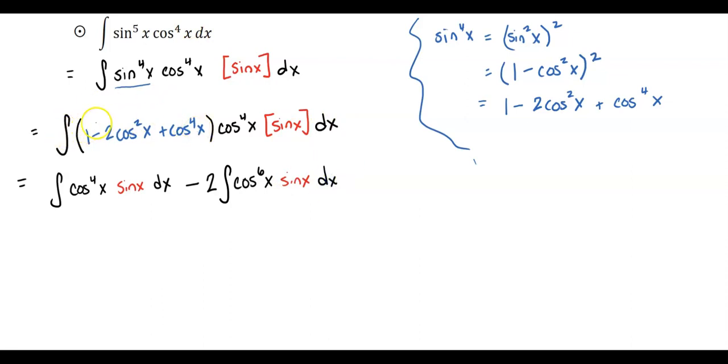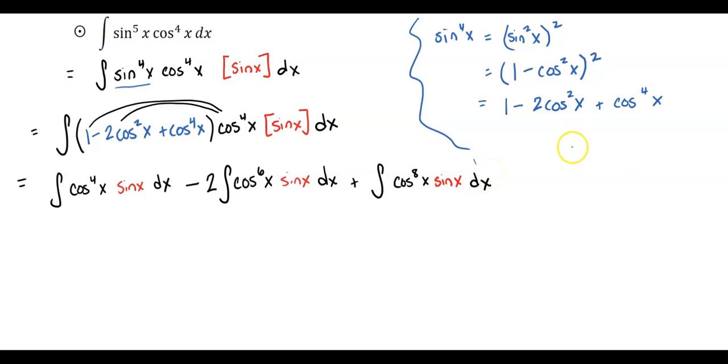And then lastly, we're going to have plus the integral of cosine to the 8th power of x, because 4 plus 4 is 8, and then sine of x dx.